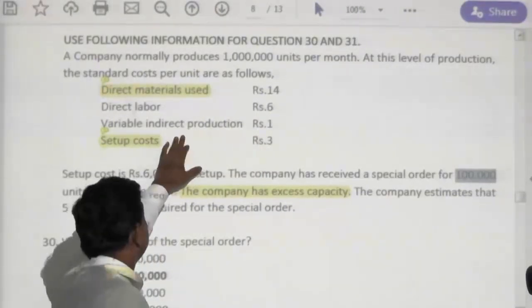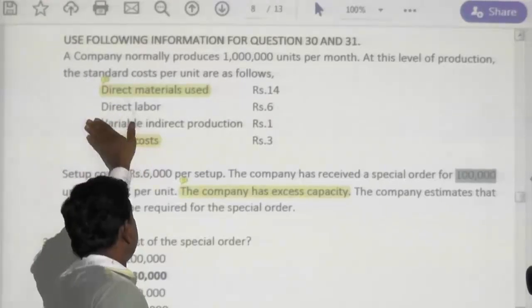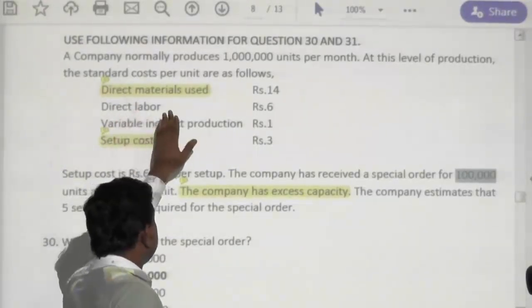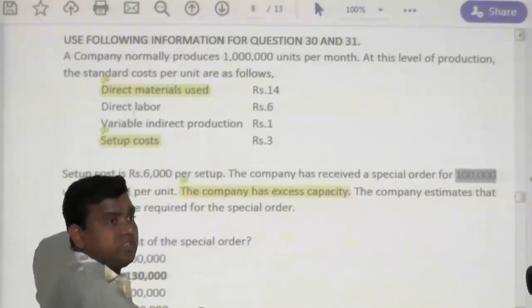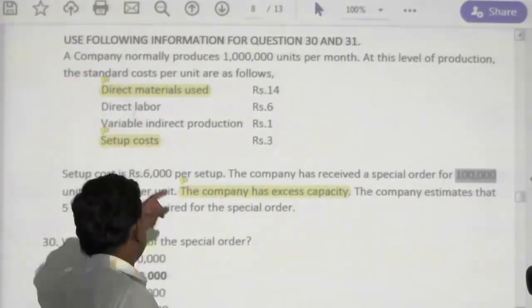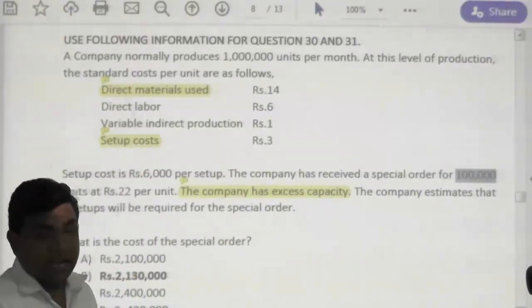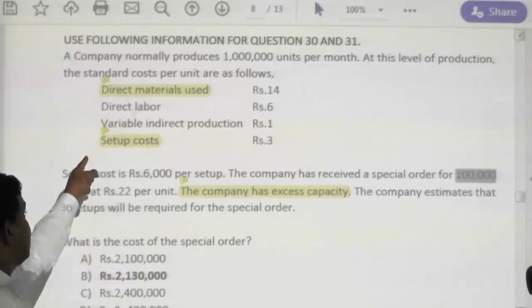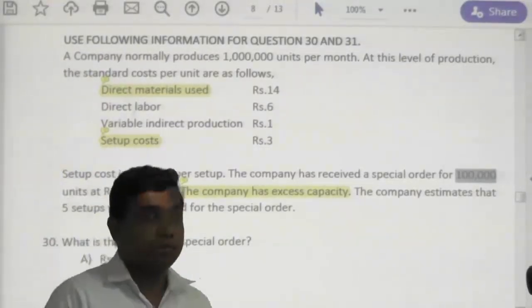It is overhead, but it varies, right? If that wording is not there, if it is just indirect production, you can say it is fixed, never changes with the quantity. But here is a special wording that is variable. Therefore, we can consider this indirect production, since the wording variable, as a variable cost.